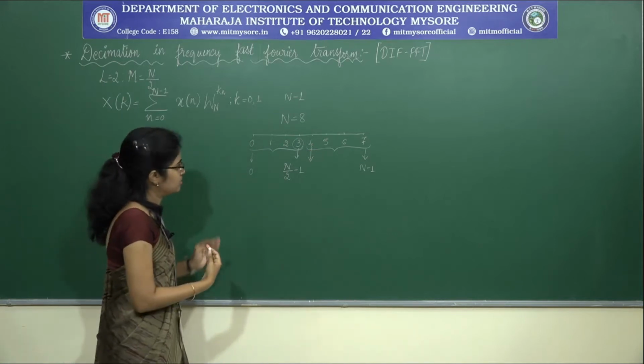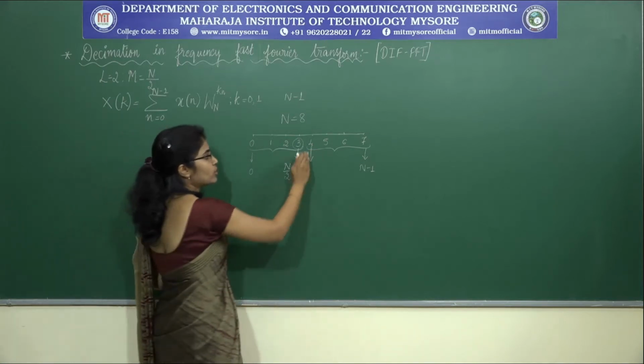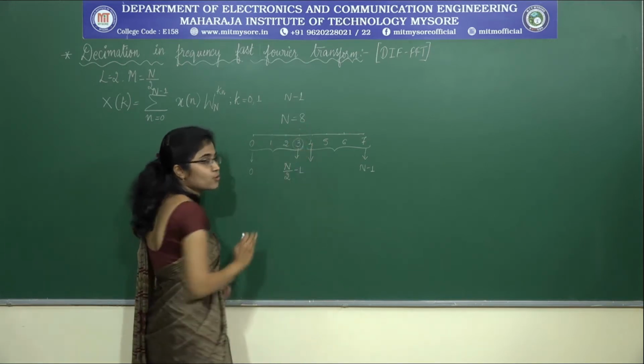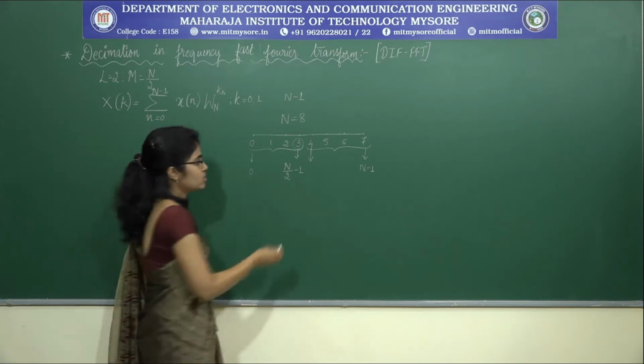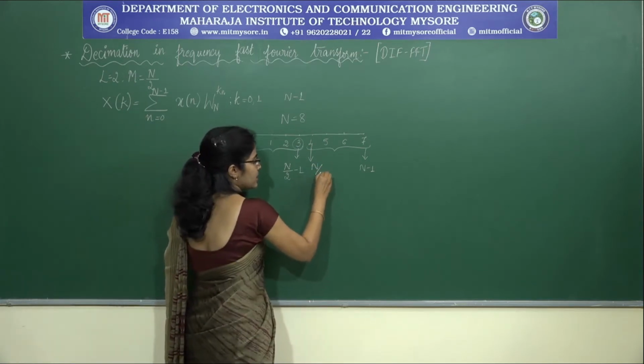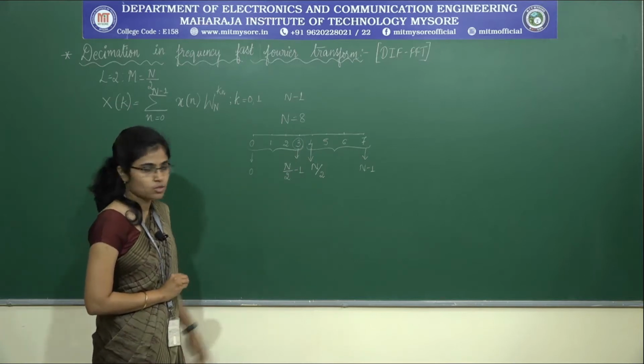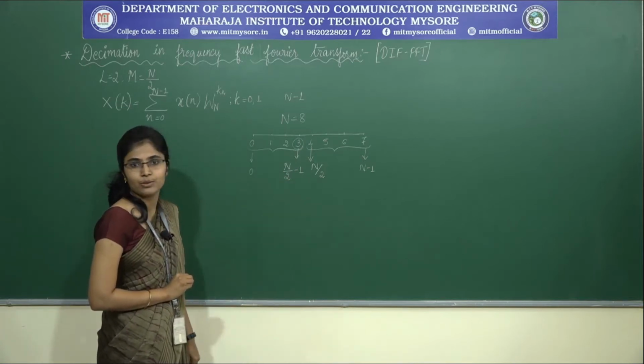The value of N is 8, so how can I make it 4? It is nothing but N by 2. 8 by 2 is 4, so we get this value, 4.